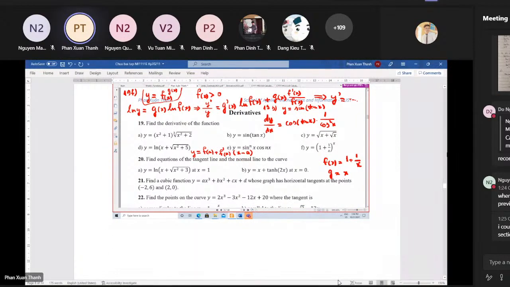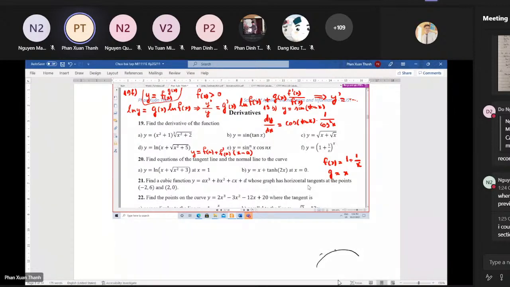So you see that we have a curve here, like this one. Let's consider this point.